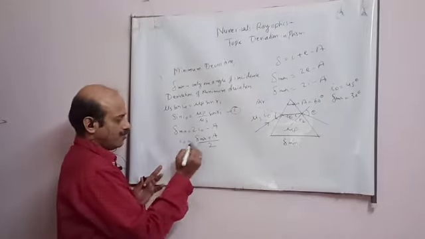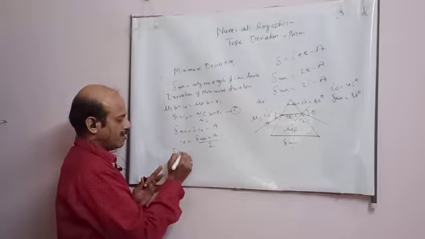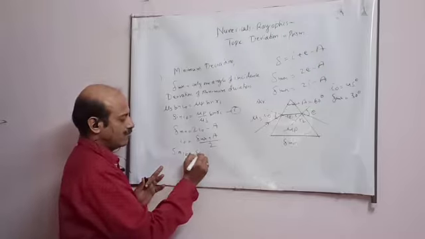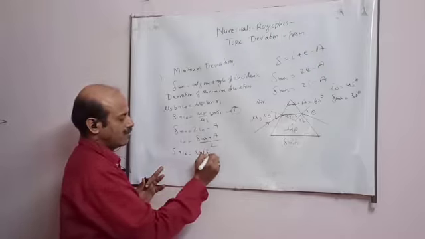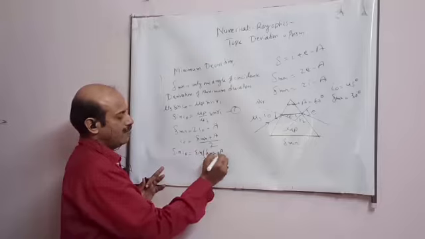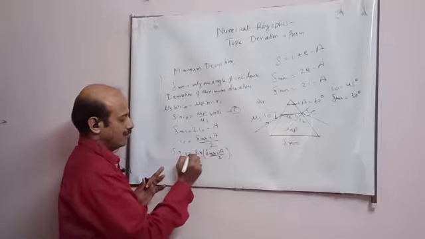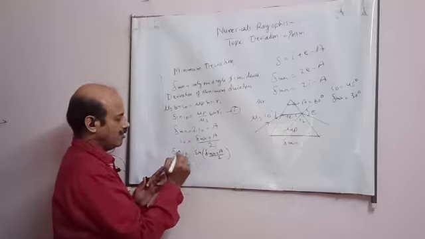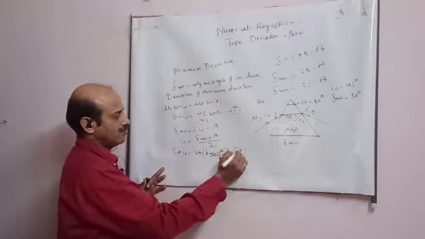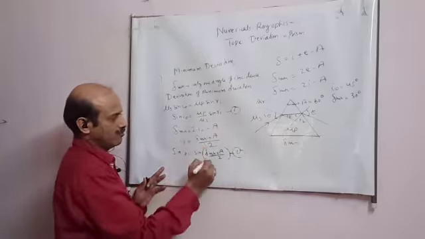I am taking sine both the sides. It will become sine I0 is equal to sine of delta minimum plus A by 2. Now see, this is also sine I0, this is also sine I0. Now I am equating both the two.